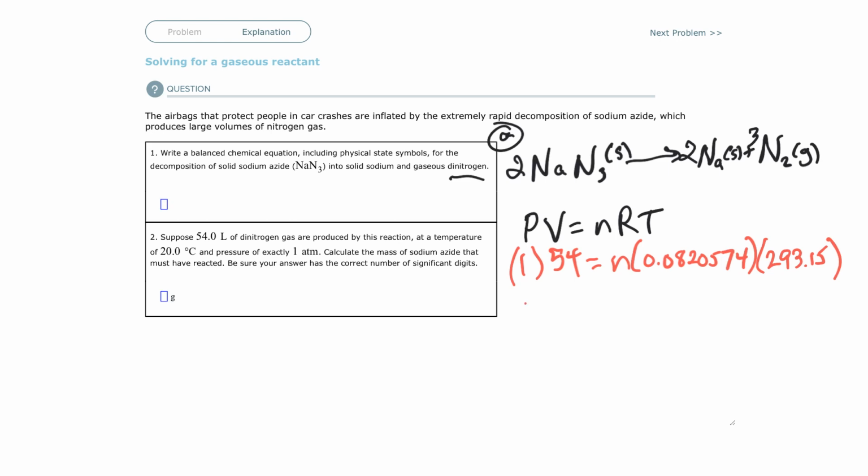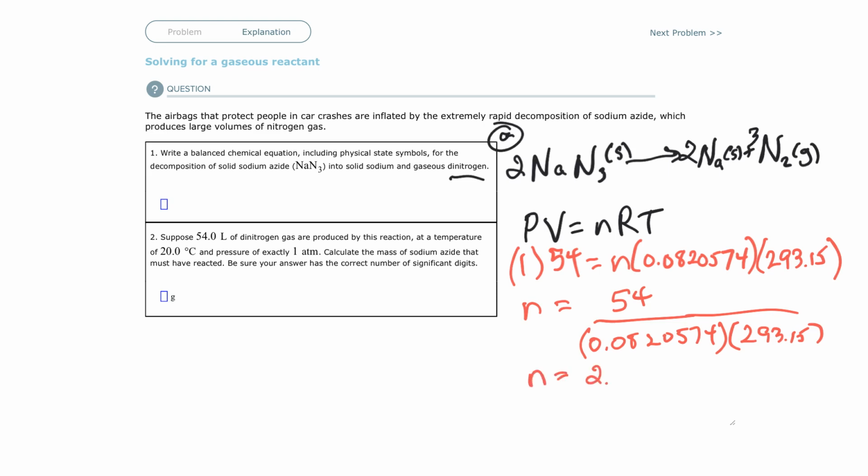I'm going to have n equals 1 times 54 is 54 over R, and over Kelvin. That means that n equals 2.2448 moles. This is nitrogen.